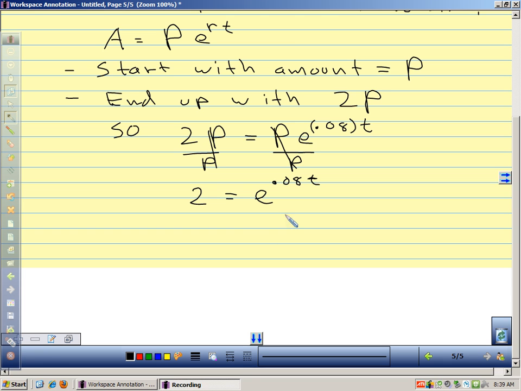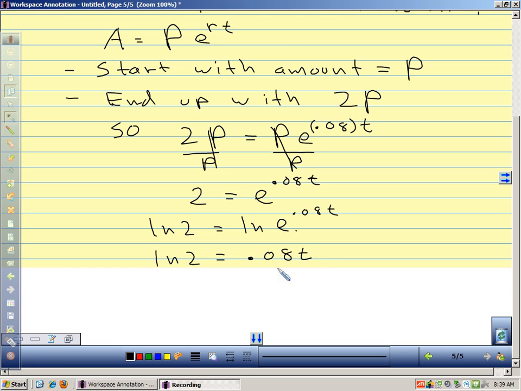Take the natural logarithm of both sides. So I say the natural log of 2 equals the natural log of e to the 0.08t. The natural log and the exponential function are inverses, so they undo each other. So natural log of 2 equals 0.08t.